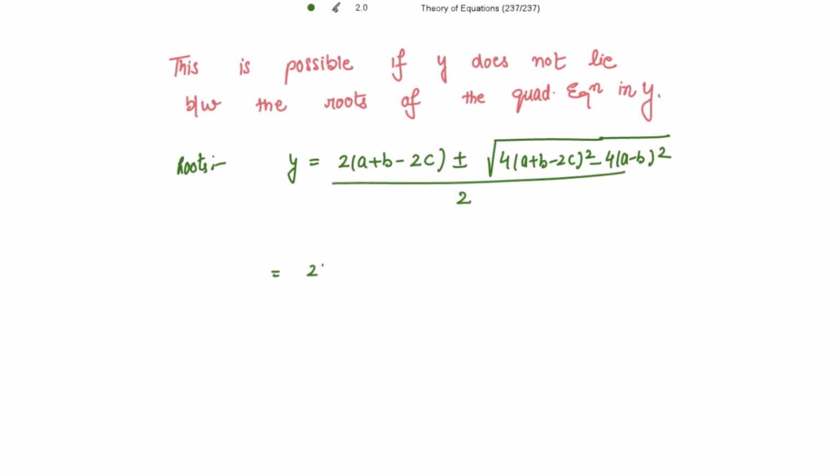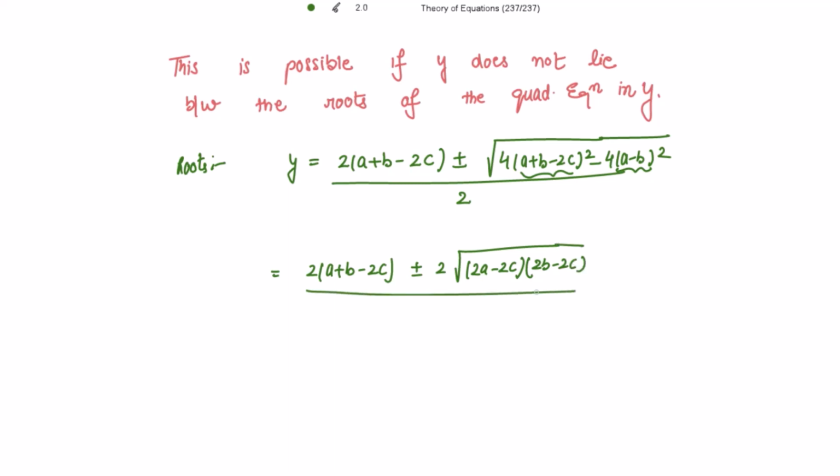So this is equal to twice of (a plus b minus 2c), plus minus, taking square root of 4 outside, we get 2, and inside we are having this first bracket square minus second bracket square. So we can apply the formula for x square minus y square, that is (x minus y) into (x plus y). So first bracket plus second bracket gives 2a minus 2c, and first bracket minus the second bracket gives 2b minus 2c, divided by 2.